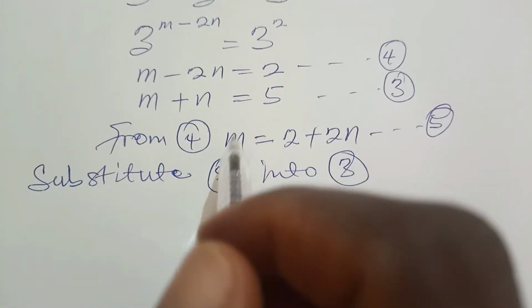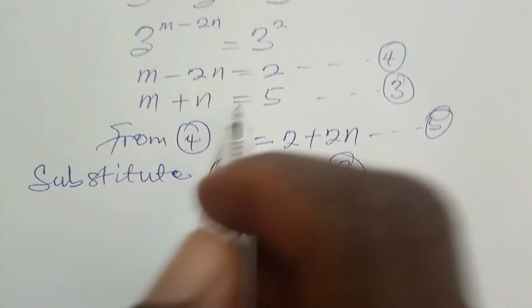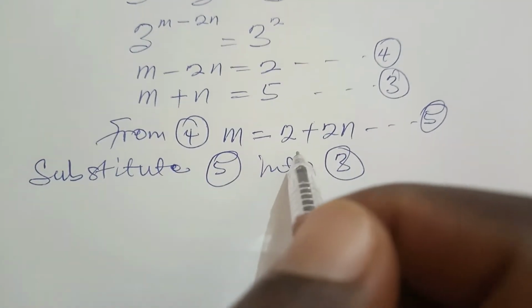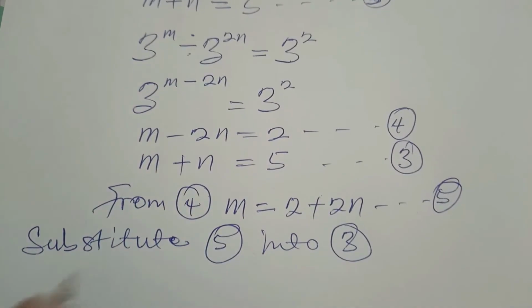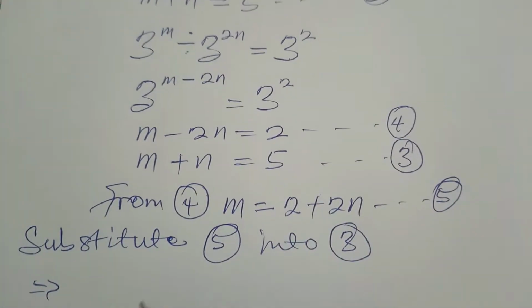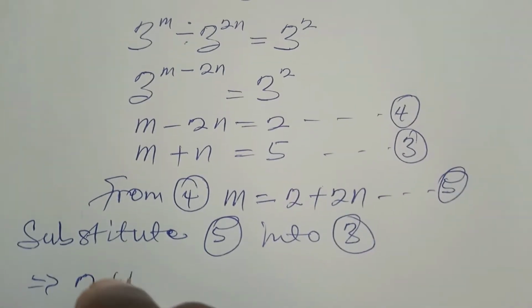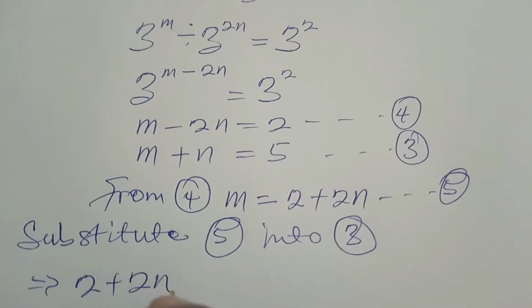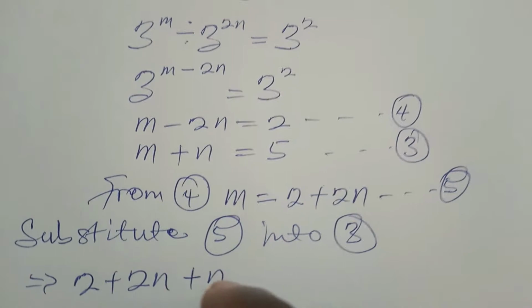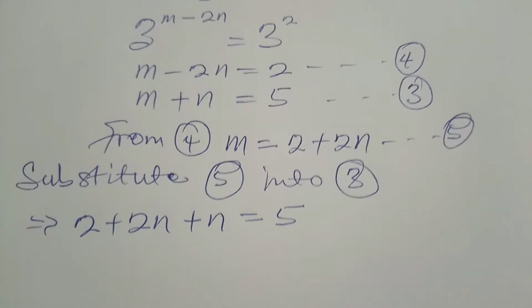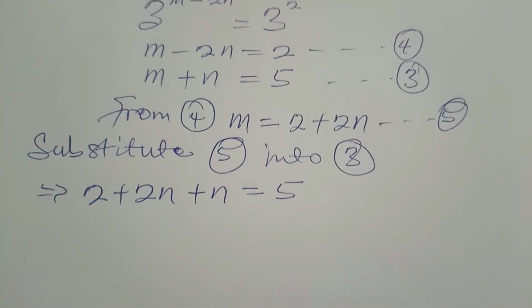So that means that wherever I see m in equation 3, I'm going to put 2 plus 2n into it. So our equation 3 now becomes 2 plus 2n plus n equals 5. We make n the subject.